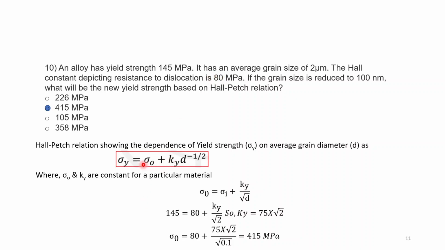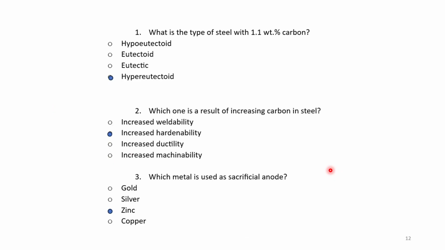This will be constant for a material, sigma naught and ky. So these two constants are there. One of the constants is given, one constant you need to find out by initial values. Then you need to find out for the other grain size. Okay, so this value you have to put. Clear? Yes, ma'am.